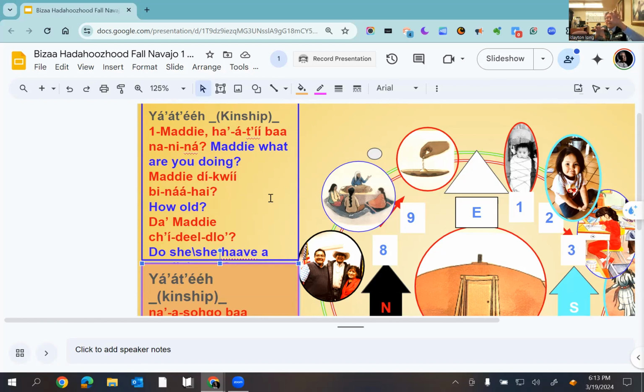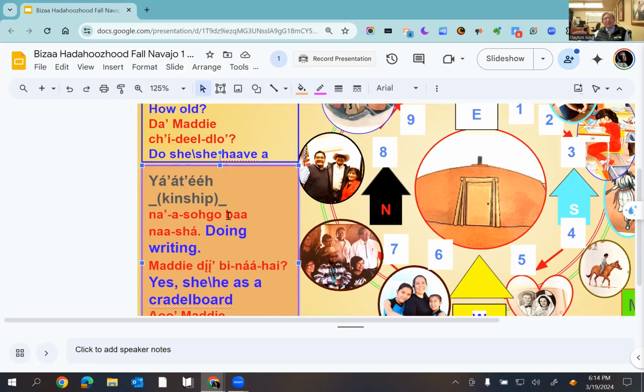But now, maybe one of us is asking Maddie a question. So now Maddie is no longer a third person. She's actually right here before us. And we say, Maddie, what are you doing? And she says, na so go ba na.